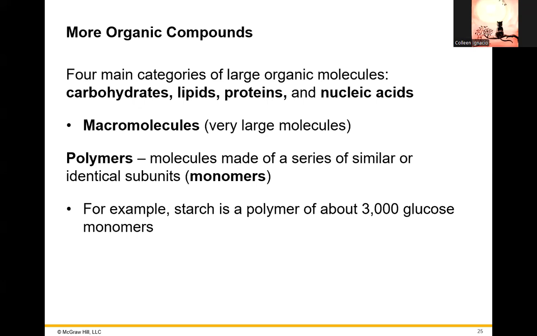So let's talk about some macromolecules. And in the name, macro means large. So these are large molecules. Okay, and so polymers, these are molecules made up of a series of similar or identical subunits, and those subunits are called monomers. So why is this important? Well, for an example, starch is a polymer.